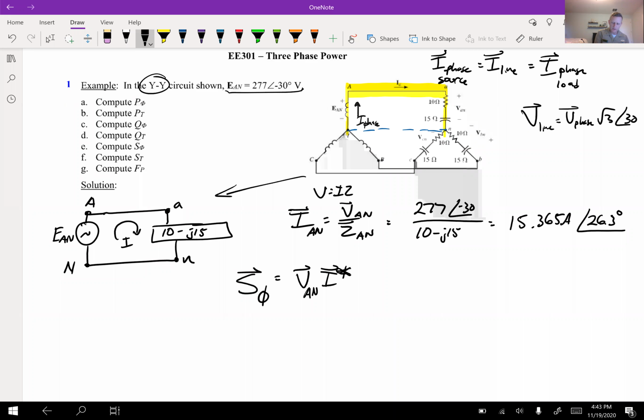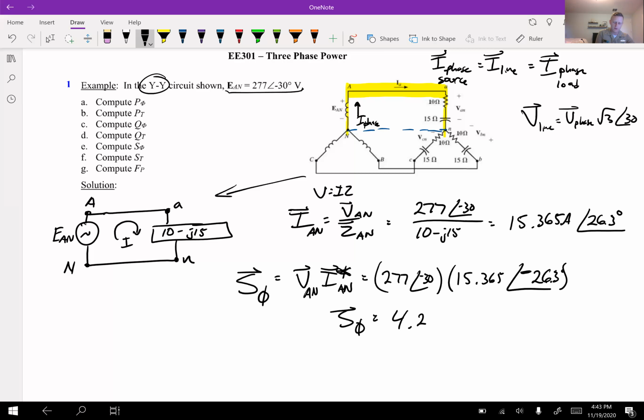And then the I, 15.365 angle complex conjugate, so it's a negative 26.3 degrees. And the S, complex power of a single phase, is equal to 4.256 kilovolt amps, angle negative 56.3 degrees.